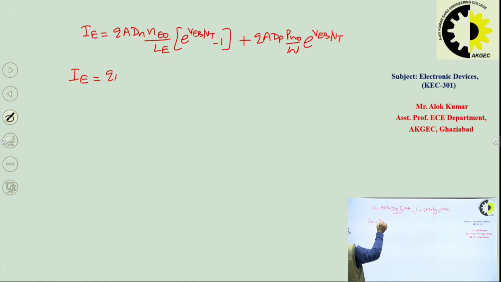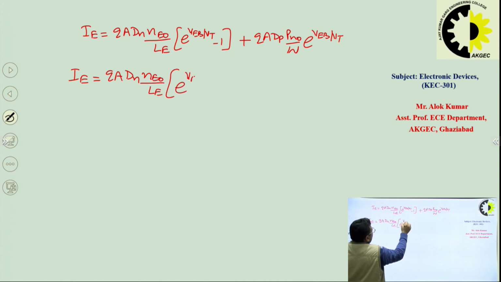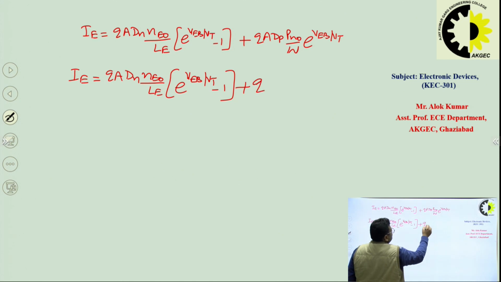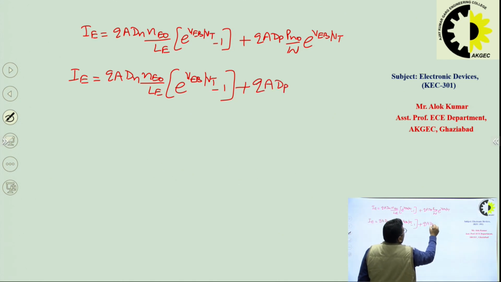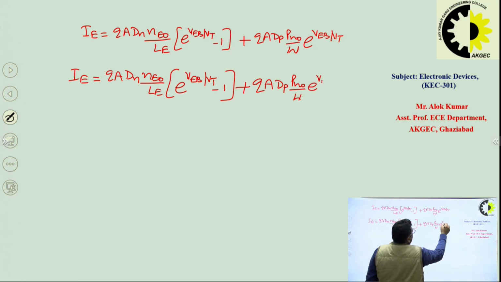IE will be QA dN NE naught upon LE into e to the power VEB upon VT minus 1 plus Q into A into dP Pn naught upon W into e to the power VEB upon VT.